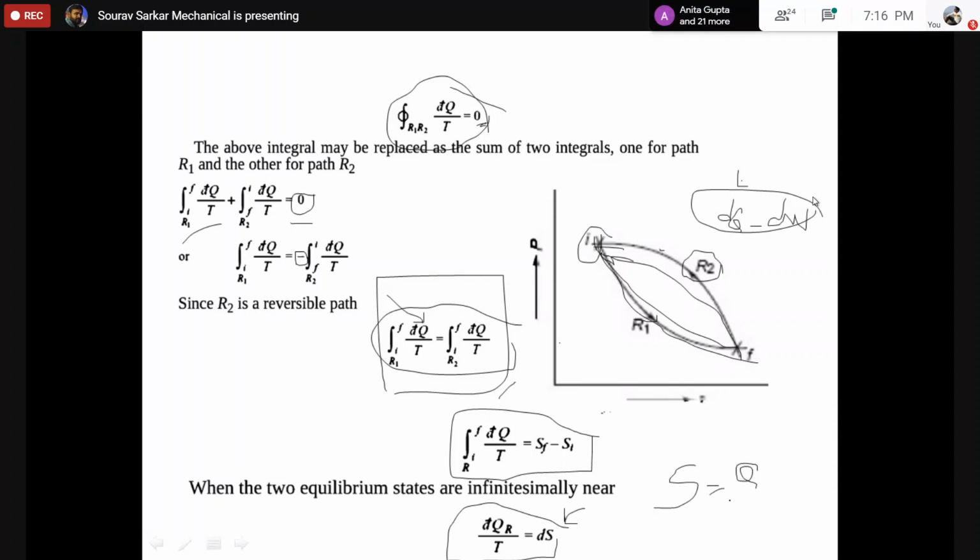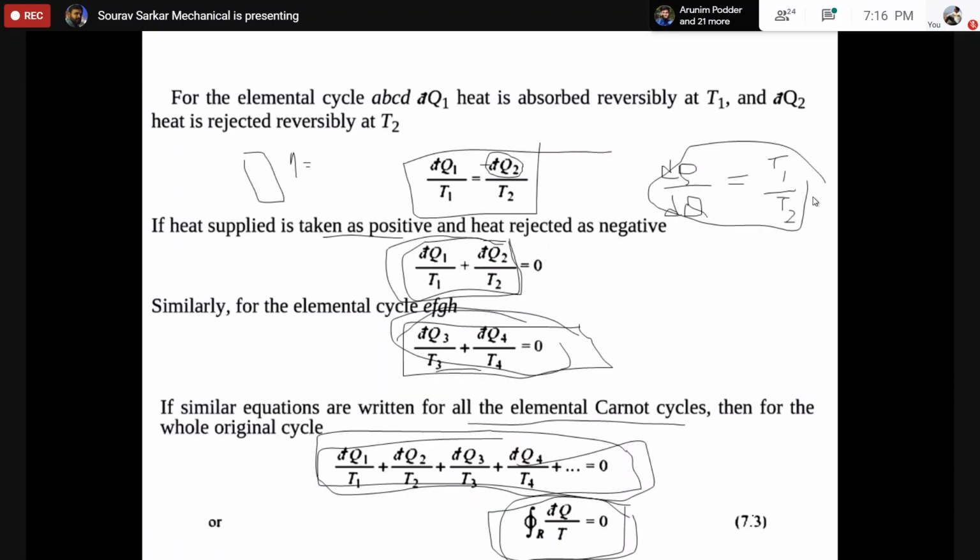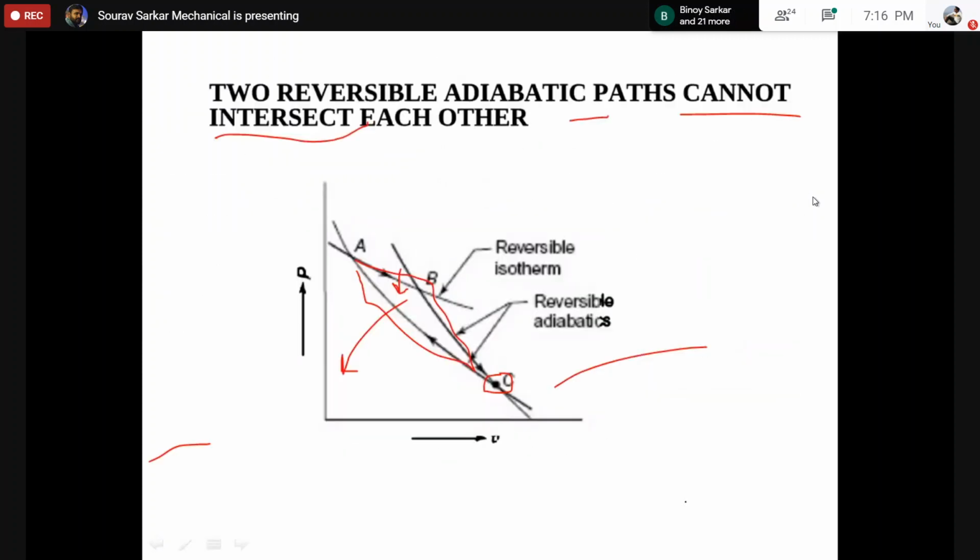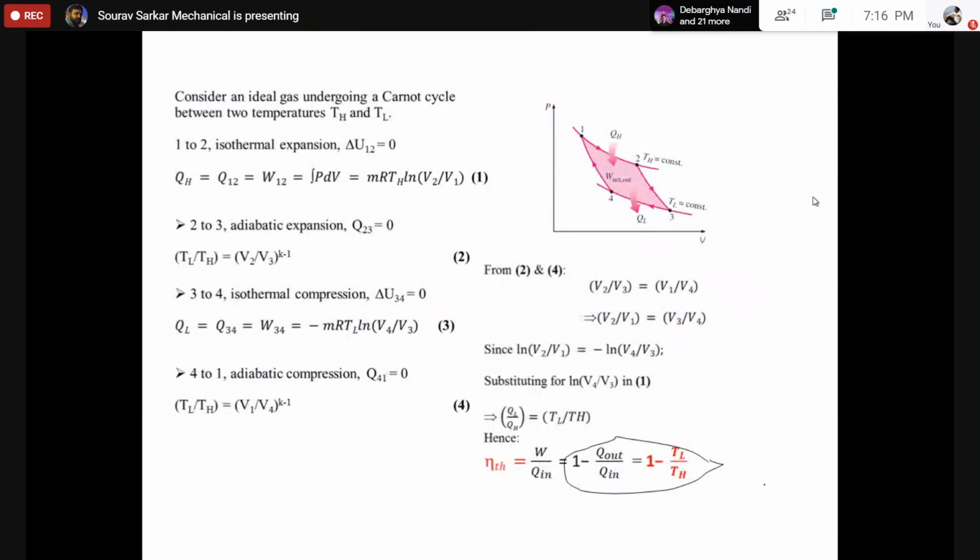Now if we try to relate this to your class 12 physics or maybe class 12 chemistry, where you have directly considered that entropy equal to q by T. Here I am mathematically proving that the cyclic integral of dq by T equal to 0. How is this dq by T coming? It is coming from the second law, because the second law gives you this mathematical definition that q out by q in equal to T L by T in.